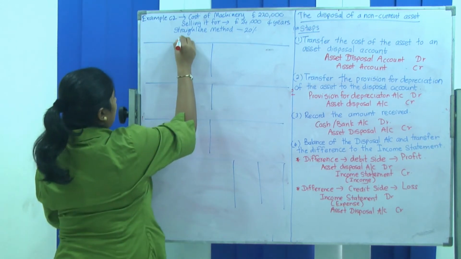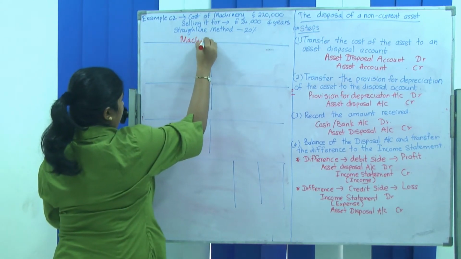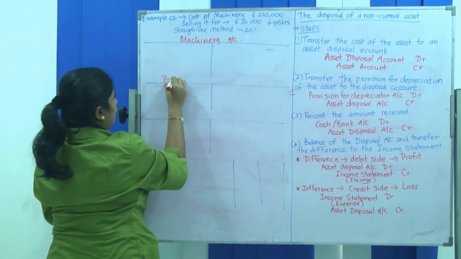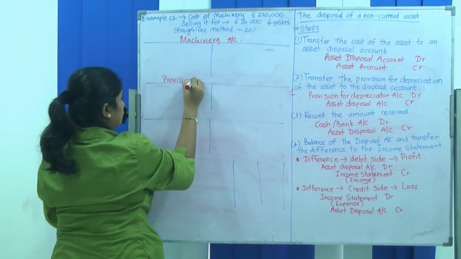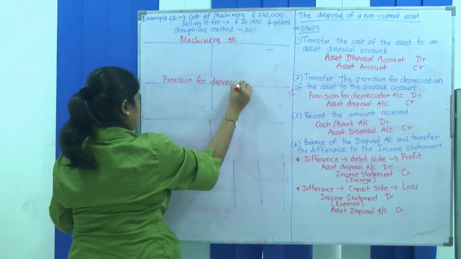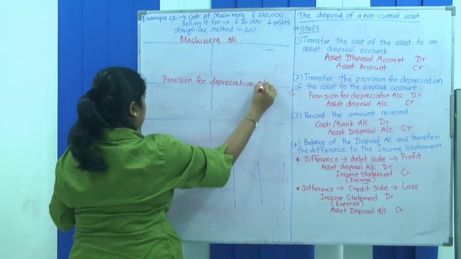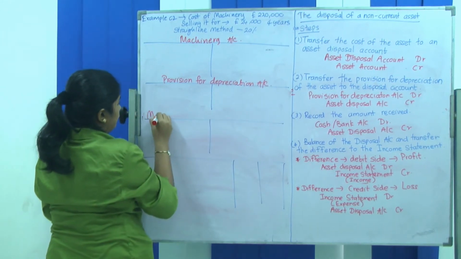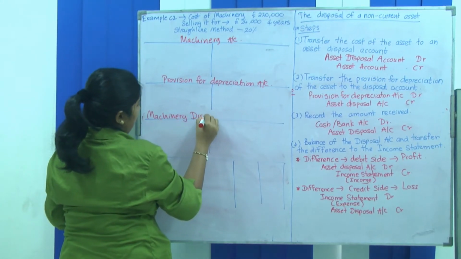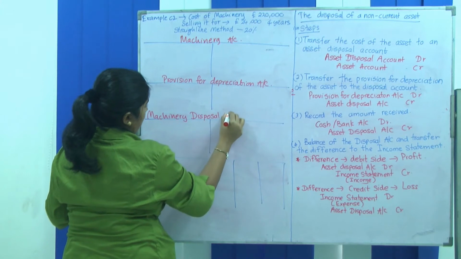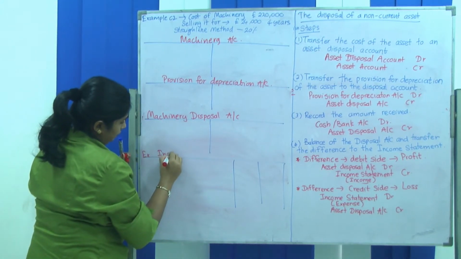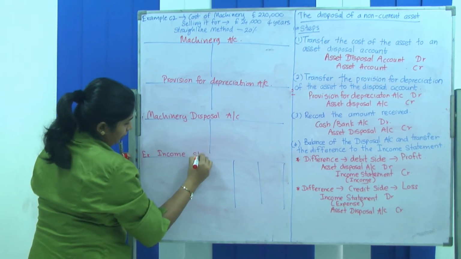Now we'll record them in the machinery account, then the provision for depreciation account, then the machinery disposal account, and the income statement.